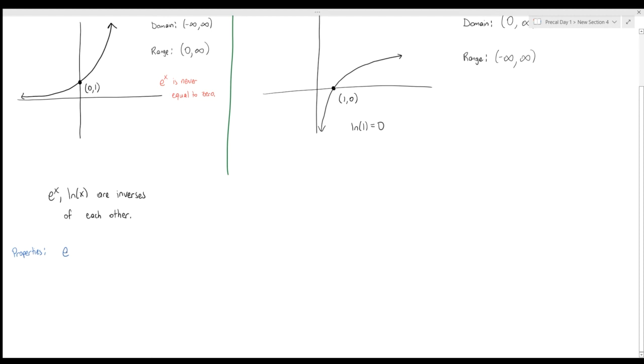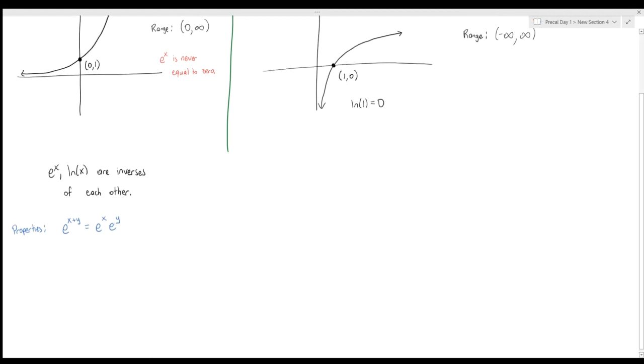For e, the exponential function has all the usual properties of how exponents behave. So e to the x plus y is just going to be e to the x times e to the y. That's one of the properties of how exponents work.